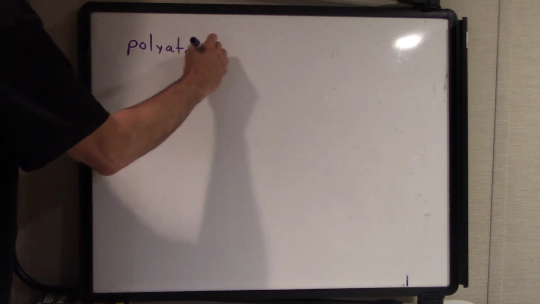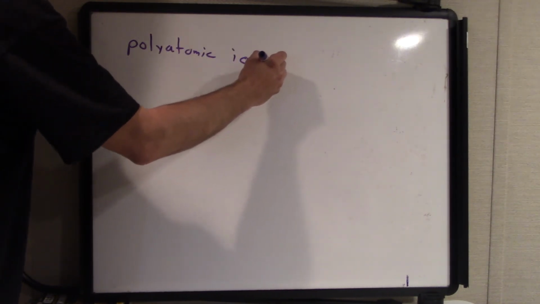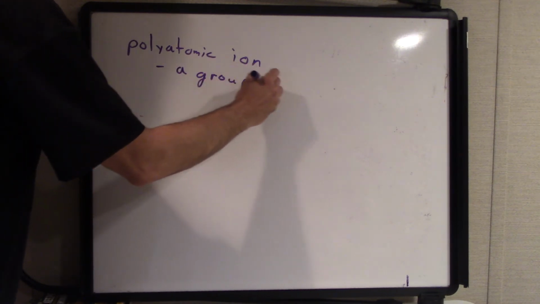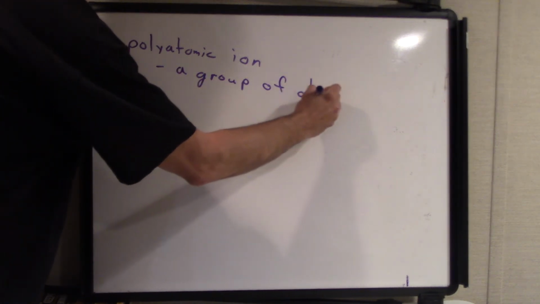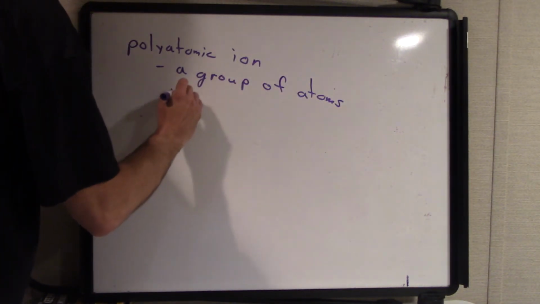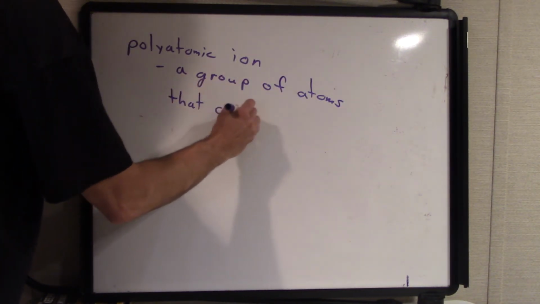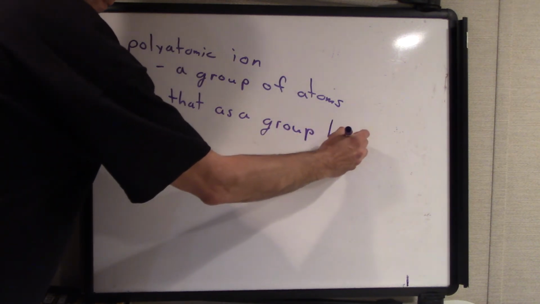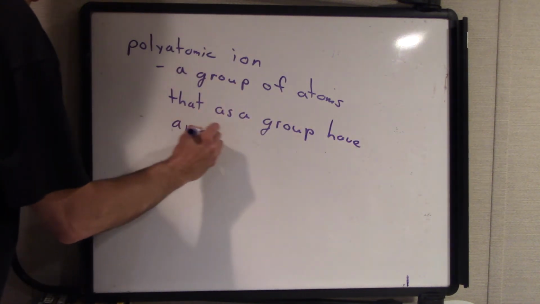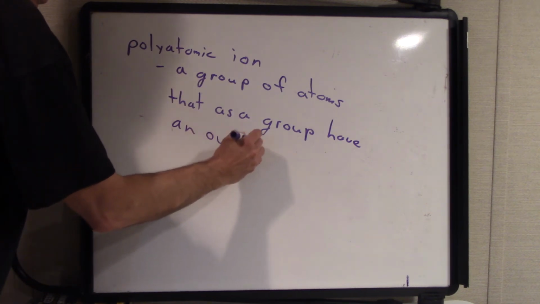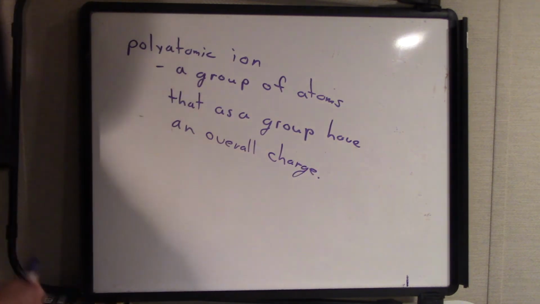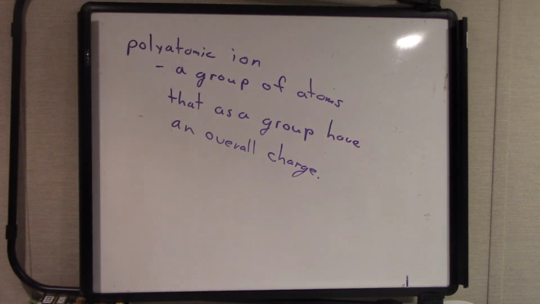If we were to define a polyatomic ion, it's a group of atoms that, as a group, have an overall charge.